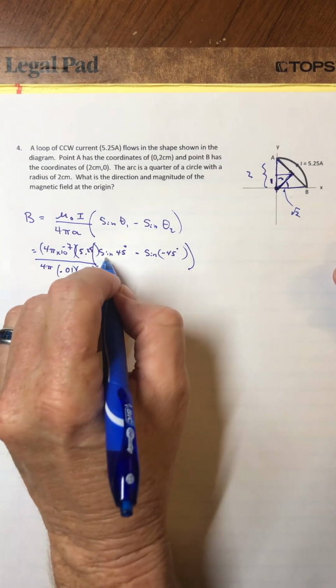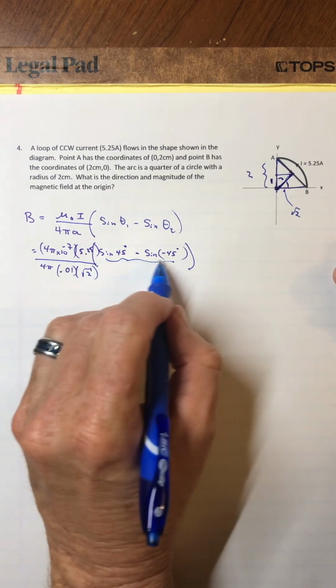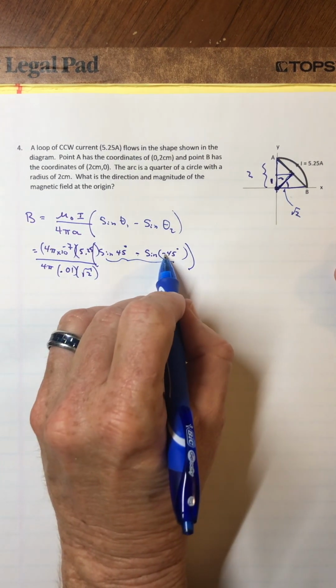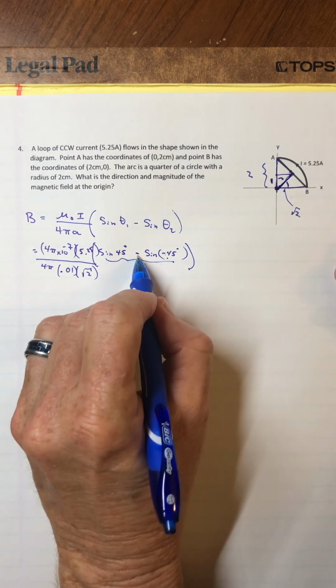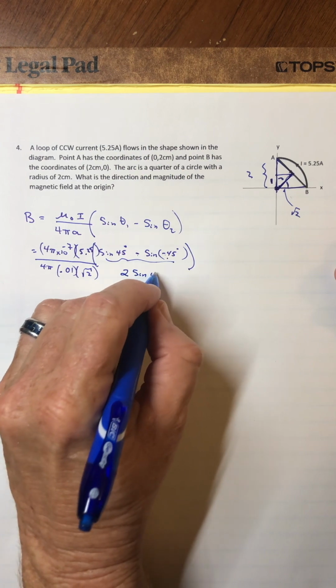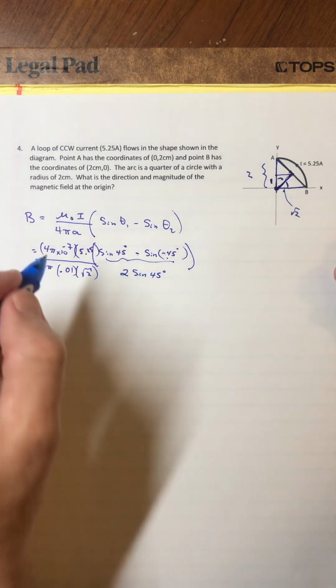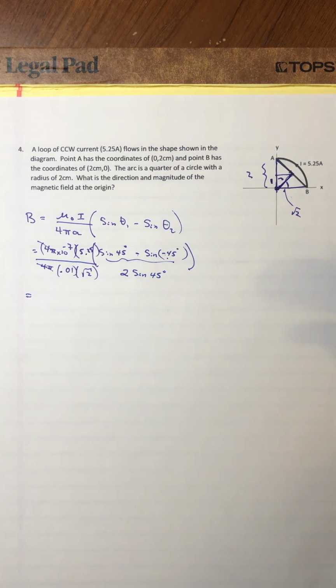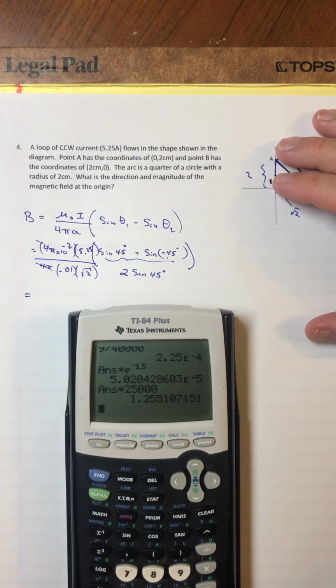In fact, I'll even simplify this because sine is an odd function. So I can take that and put it here and make a plus. And so this is 2 times sine of 45. And I'll even cross out these 4 pi's, making my calculator work a little bit easier.